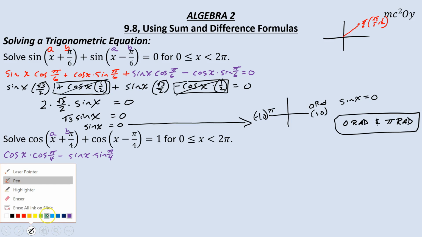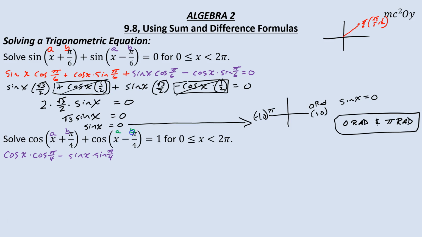Okay, and then switching it up, we have A and B, so plus cos of x times cos of pi over 4 plus sine of x times sine of pi over 4. All right, all that equals 1.